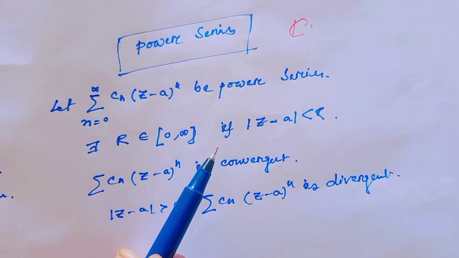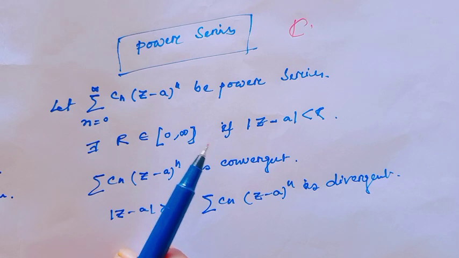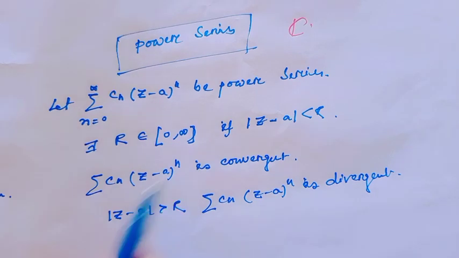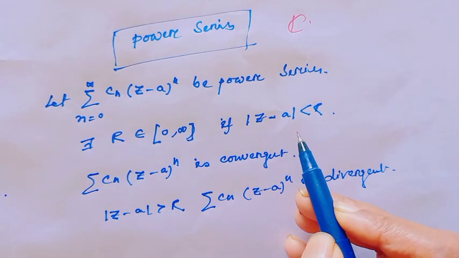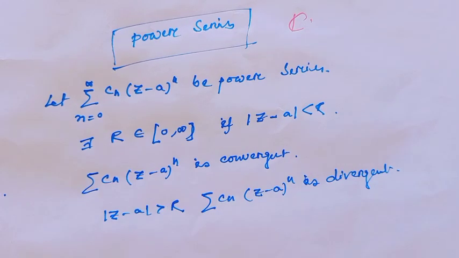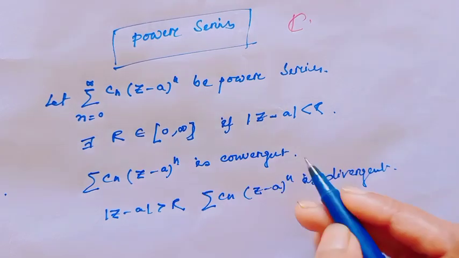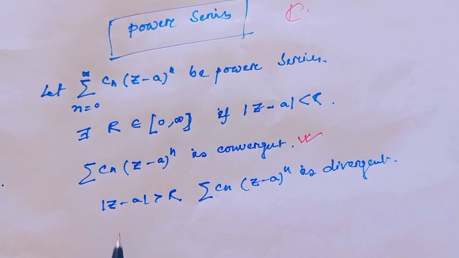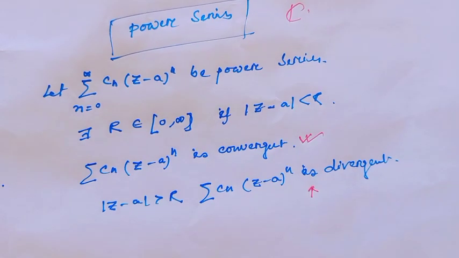Since this is a power series, obviously there exists a capital R belonging to [0, infinity] such that in the region absolute value of z minus a less than R, this power series is convergent, and in the region absolute value of z minus a strictly greater than R, the power series is divergent.